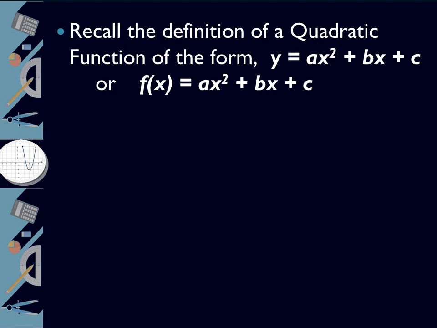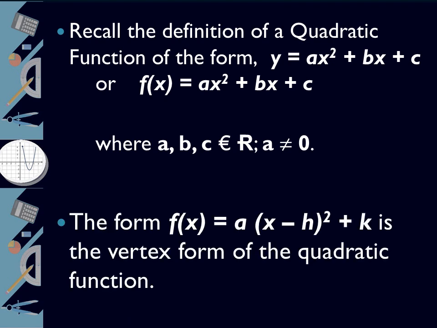To begin with, let's recall what a quadratic function is. The definition of a quadratic function is of the form y equals ax squared plus bx plus c, or f of x equals ax squared plus bx plus c, where a, b, and c are real numbers and a is not equal to 0.